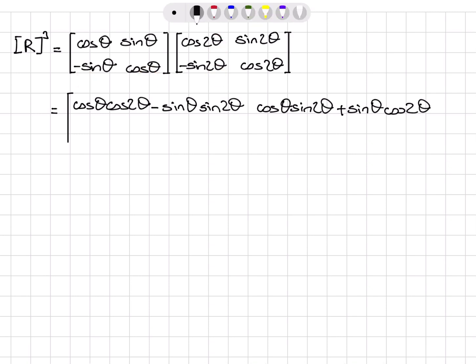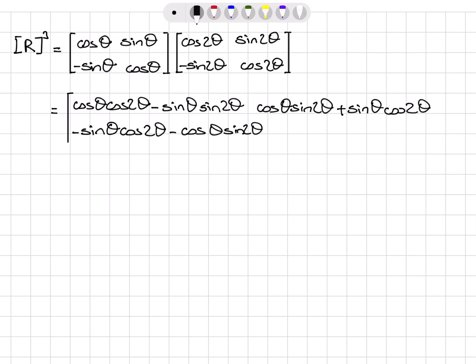Then in the second row, we have minus sine theta cosine 2 theta minus cosine theta sine 2 theta.